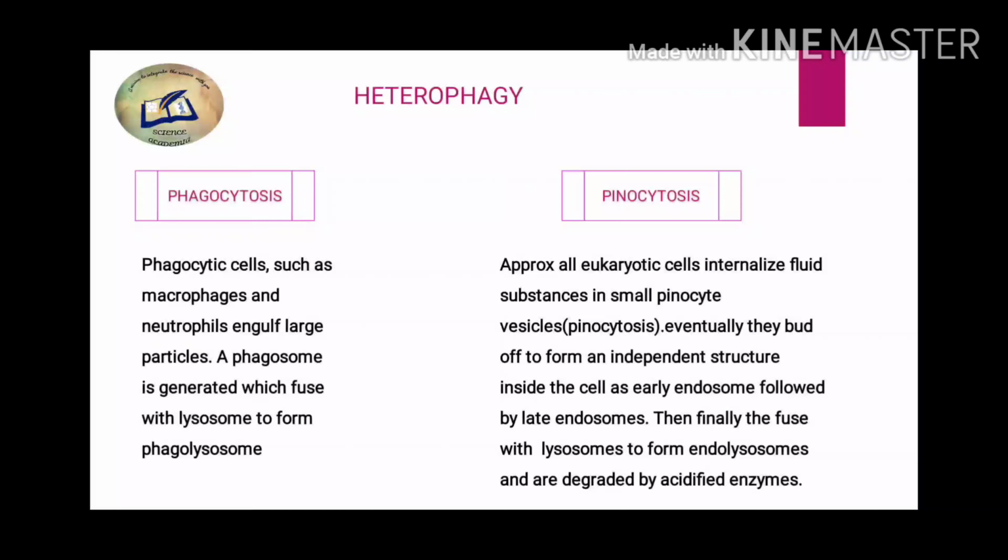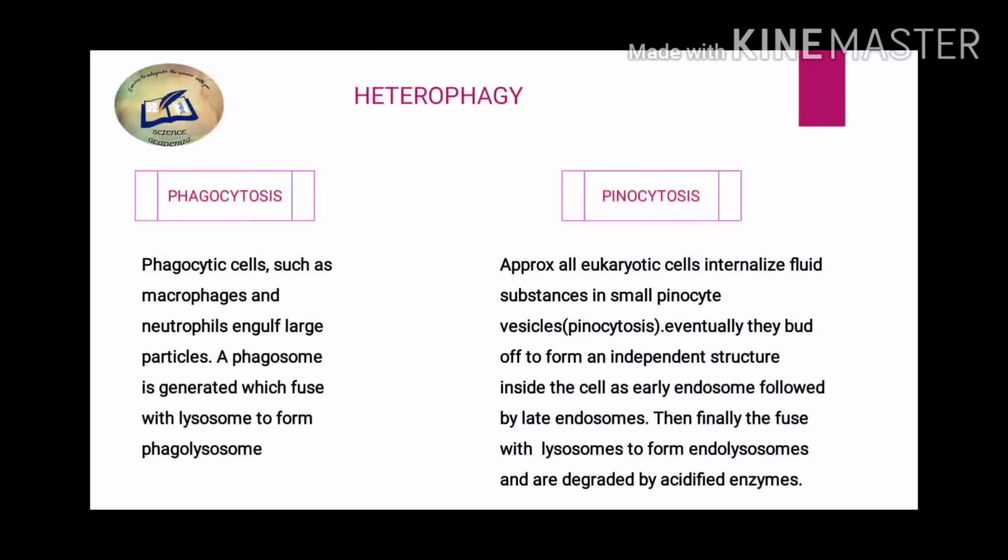These are phagocytic cells. They engulf large foreign particles, and then they create a vesicle kind of structure known as a phagosome, which then fuses with the lysosome to form the phagolysosome, and then these foreign particles are degraded within the phagolysosome. This is the process of phagocytosis.